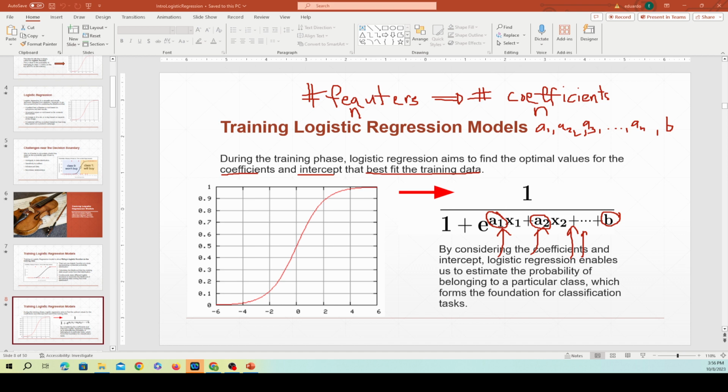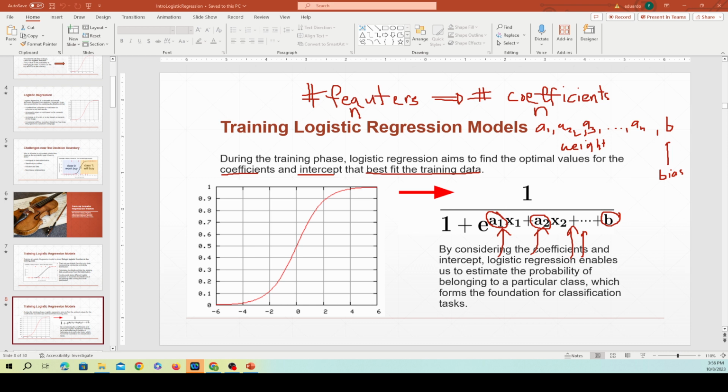as well as our y-intercept. Now, often we call these A1, A2, A3 by a different name. We sometimes call them the weight values. Sometimes, but right now we're just going to call them coefficients. For example, in deep learning, we call them weight values, and the intercept we call the bias. Okay, so you might see it like that.